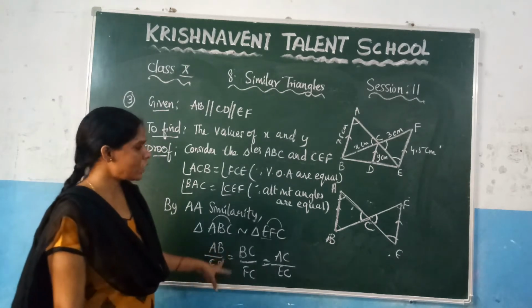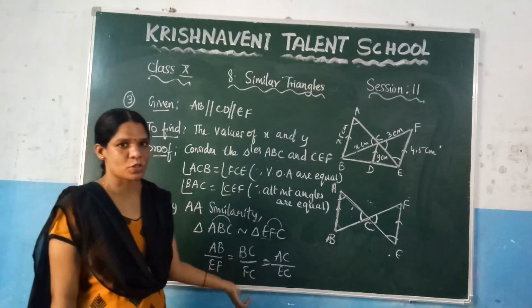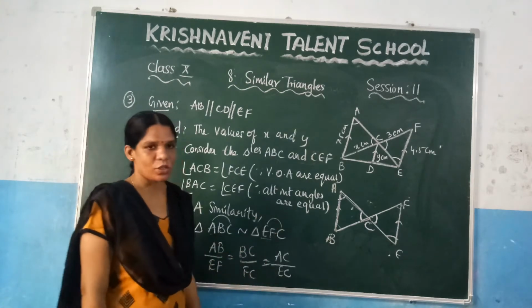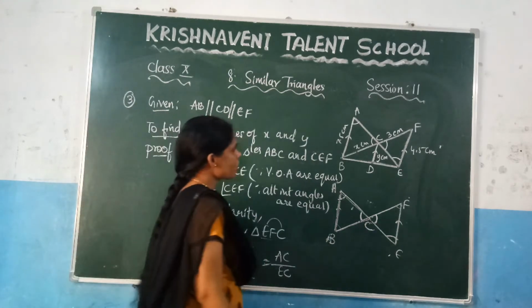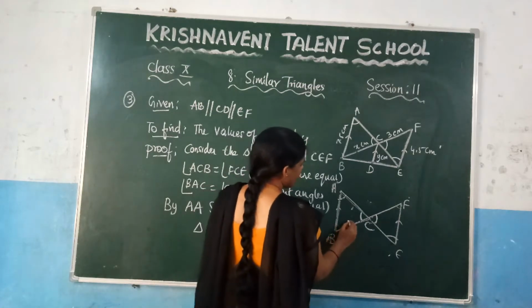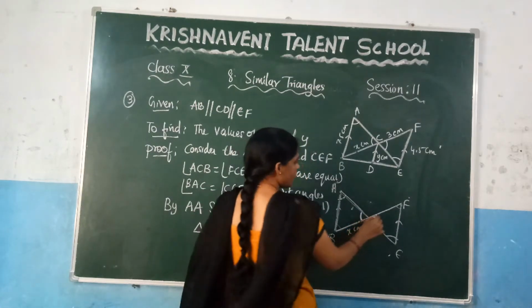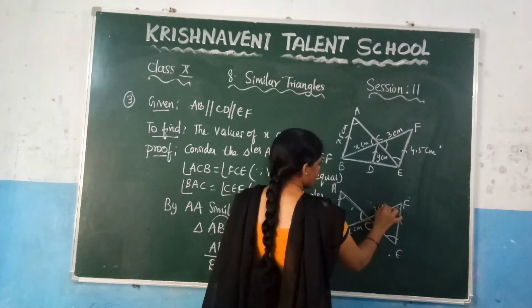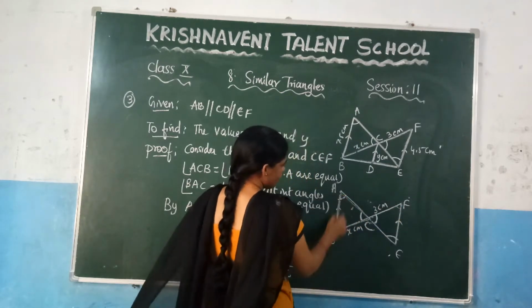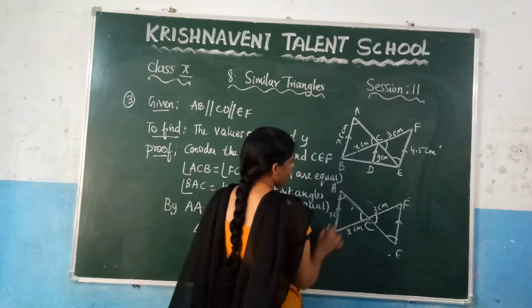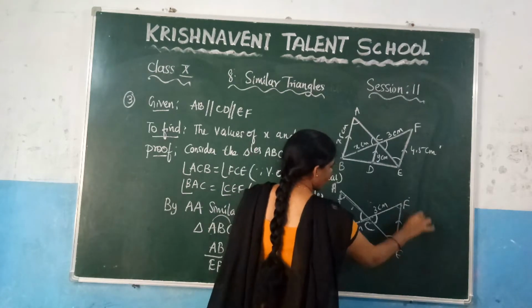Now here, what are the values you know here? Just substitute it so that you can find the value of the x. So here, what is the value? We know they have given here this length as x centimeters, right? And similarly this length they have given as 3 centimeters, and after that this length which is 7.5 and this length which is 4.5.